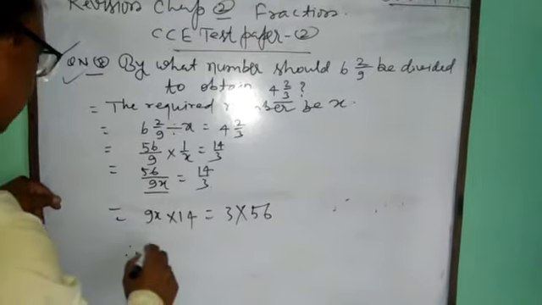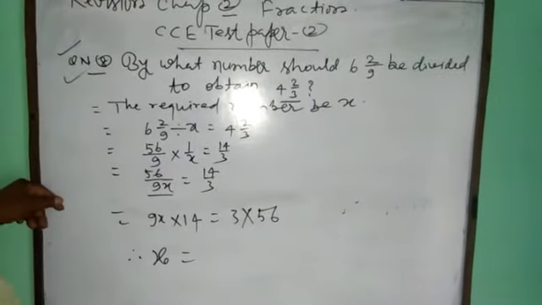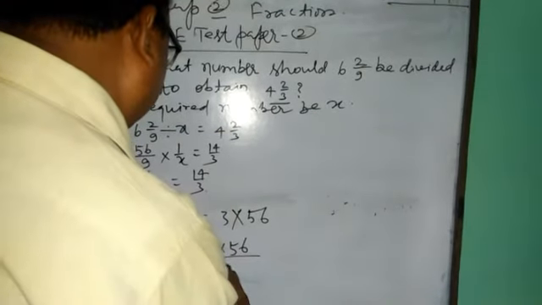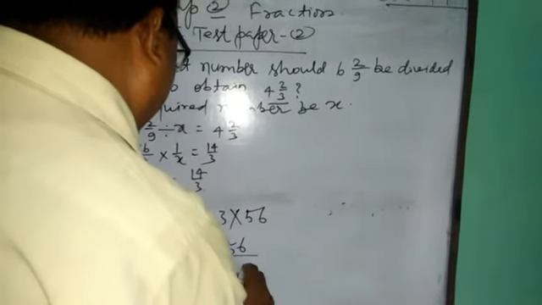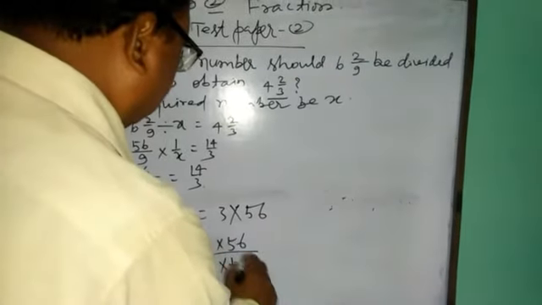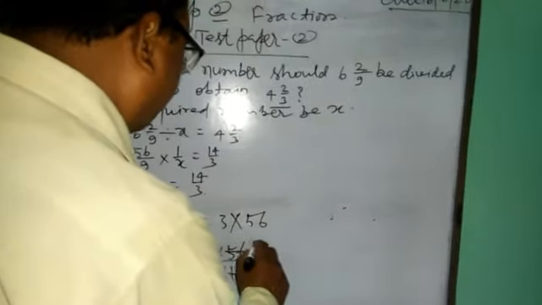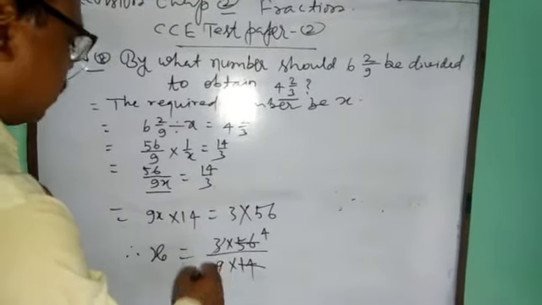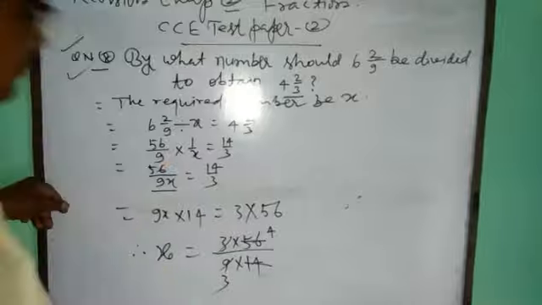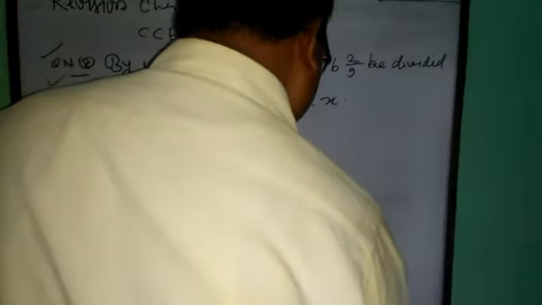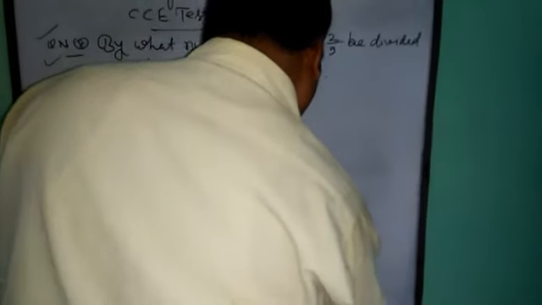Therefore the required number x is equal to 3 multiplied by 56 divided by 9 multiplied by 14. 14 4 times is 56, 3 3s are 9, is equal to 4 by 3, is equal to 1 whole 1 by 3.